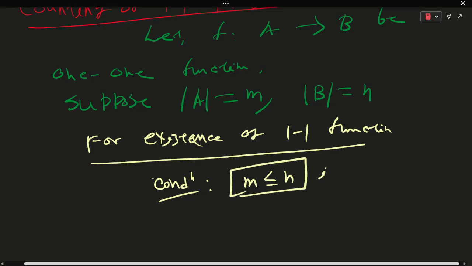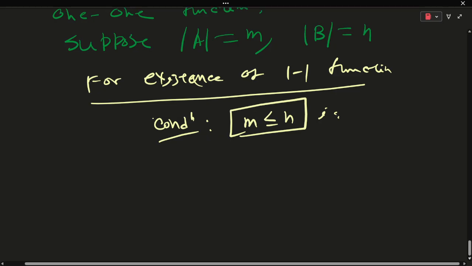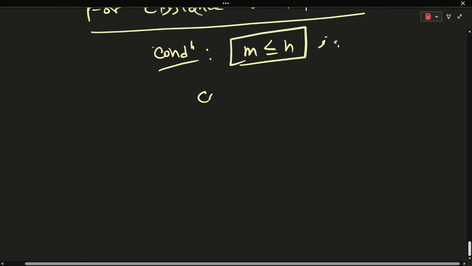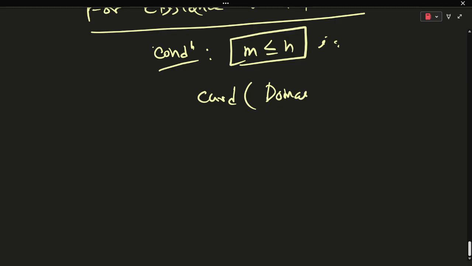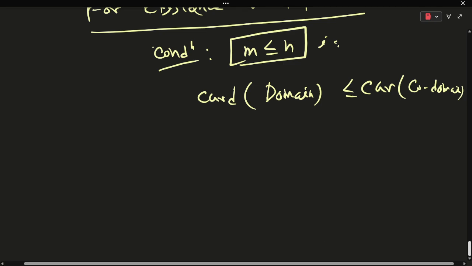That means cardinality of domain is less than or equal to cardinality of codomain. Okay, so then a one-one function exists.